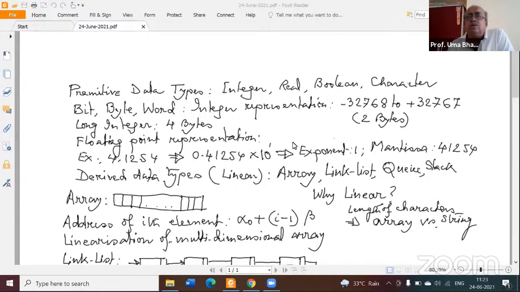First one will be alpha 0, second one will be alpha 0 plus beta, third one alpha 0 plus 2 beta, like that.